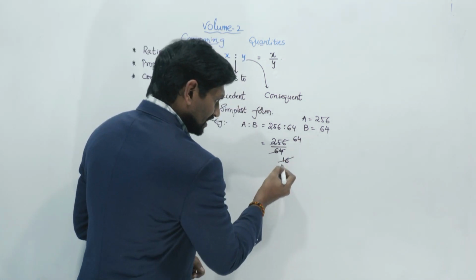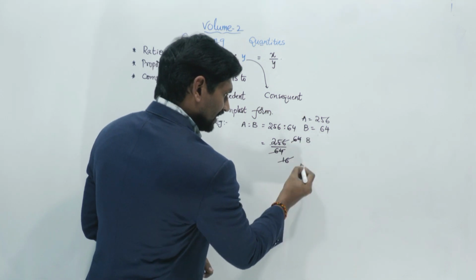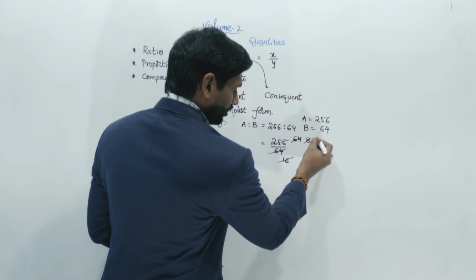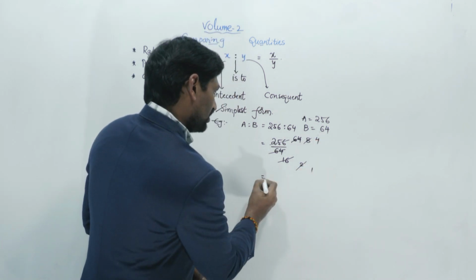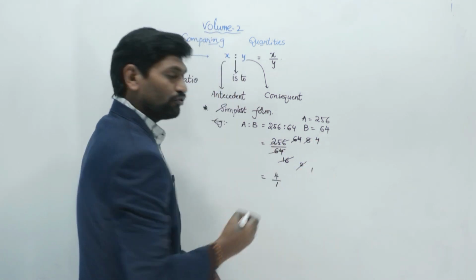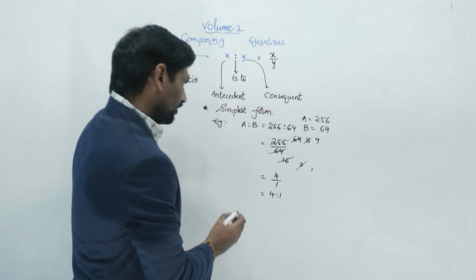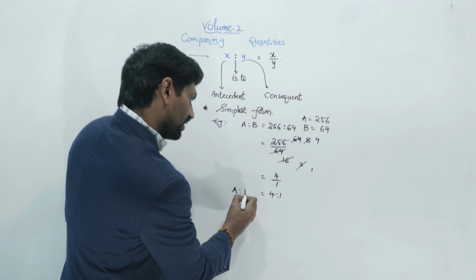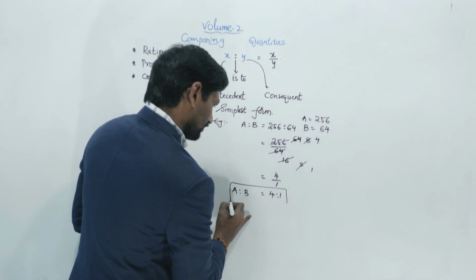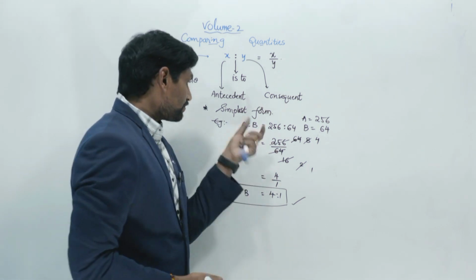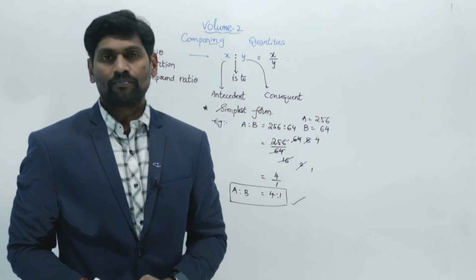Again, both are cancelled in the 8 table, 8 eights are 64, 8 twos are 16. Again in the 2 table, 4 by 1. So 4 by 1 is nothing but 4 is to 1. Therefore, ratio of A and B is 4 is to 1. This is only what we should take as the ratio because ratio must be in simplest form.